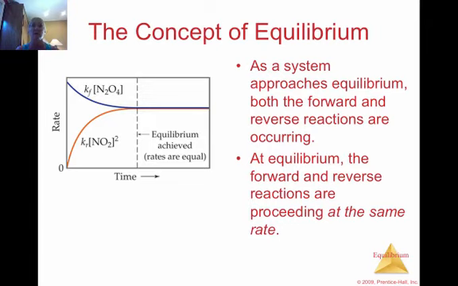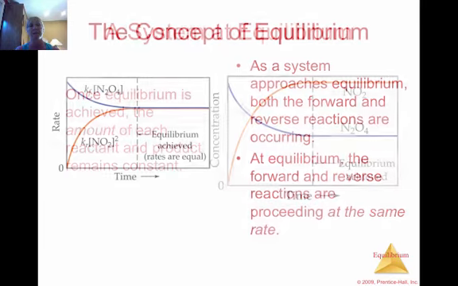I often use the analogy of a department store with 50 people in it that has a revolving door. If 10 people are exiting at the same time that 10 are entering, the number of people inside hasn't really changed all that much, and so we've reached this equilibrium. The rates are equal. Now the only way you can shift that is by changing temperature, so we're going to be assuming on all these equilibrium problems that the temperature will be staying constant.